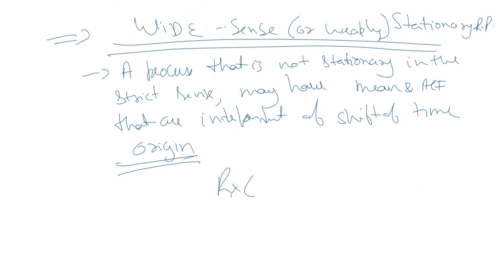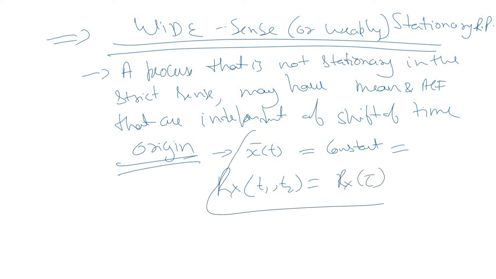Only the mean, that is the expectation of x(t), is constant. This is one quality: the mean of a wide sense stationary random process is constant, and the autocorrelation function depends on the time difference. So these two have to be fulfilled in order to declare a random process as a wide sense stationary random process.